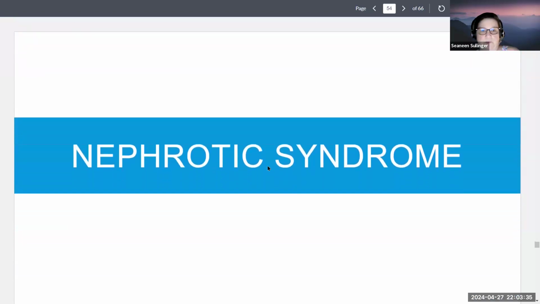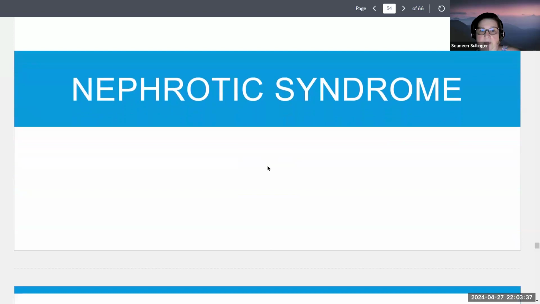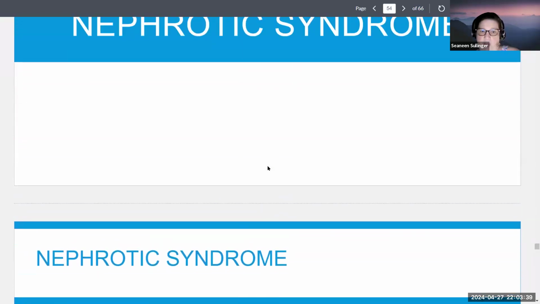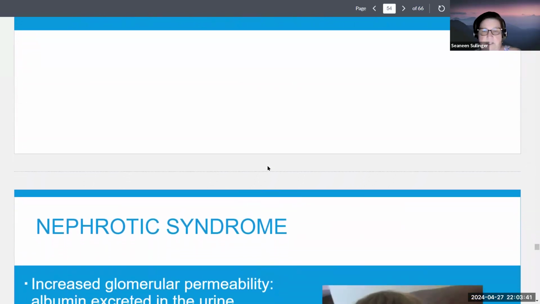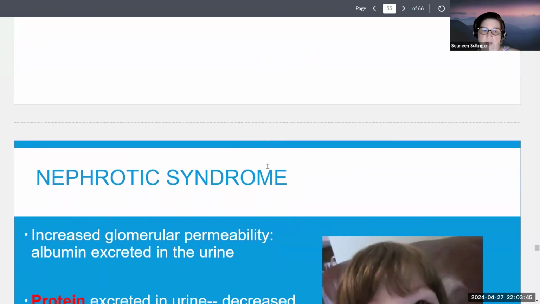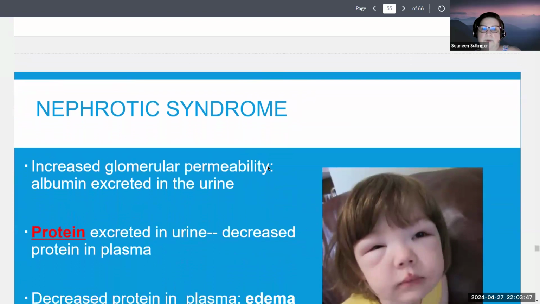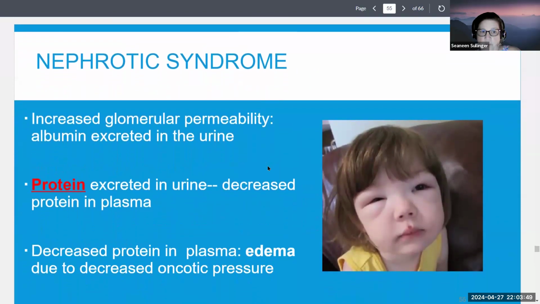So we're going to move on to nephrotic syndrome, and then we'll do a little bit of a compare and contrast. That's what I would suggest, that you make a compare and contrast for glomerulonephritis and nephrotic syndrome. In nephrotic syndrome, there is increased glomerular permeability, and you get albumin excreted in the urine. So there's huge proteinuria.